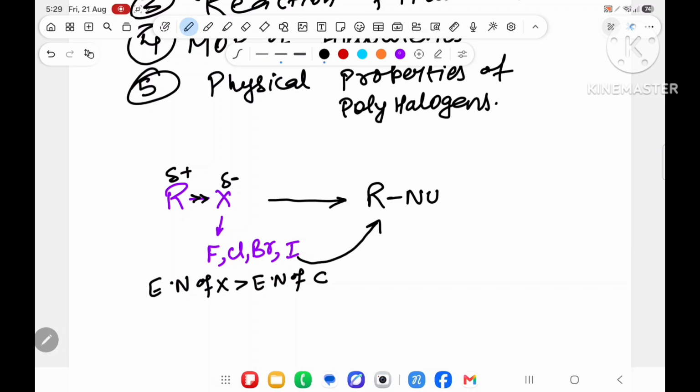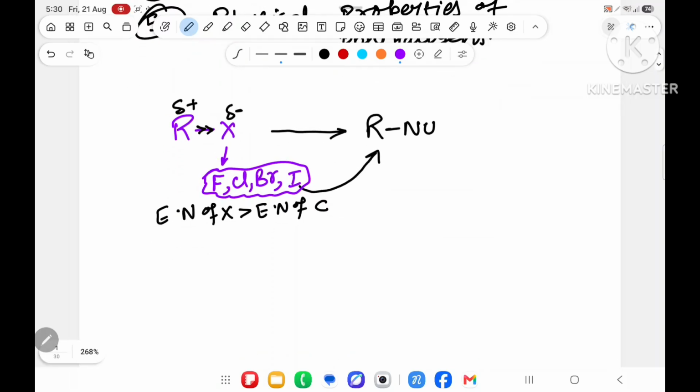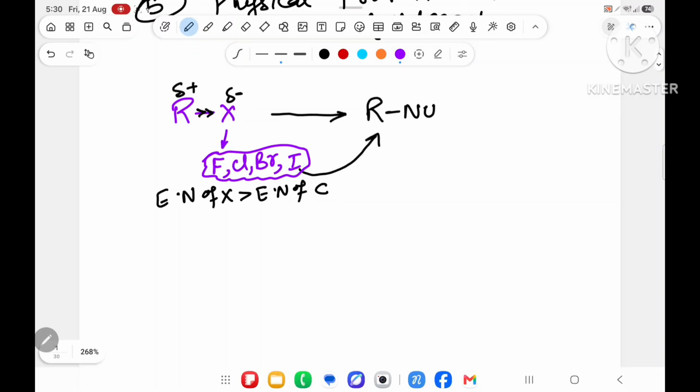Now, in this reaction, what happens? The halogen, fluorine, chlorine, bromine, is also a nucleophile. There is a possibility that some nucleophile is attacking over here, doing substitution.